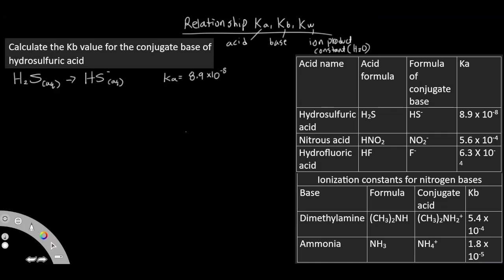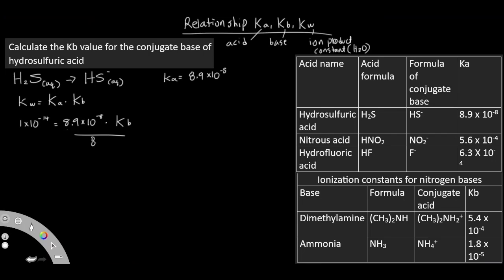You should know that our formula for Kw is equal to Ka times Kb, okay, which we just announced together. So our Kw, we should know that its constant value is 1 times 10 to the negative 14. We know that our Ka value is simply 8.9 times 10 to the negative 8. And then we're just going to multiply by our Kb. We're trying to find what that is.